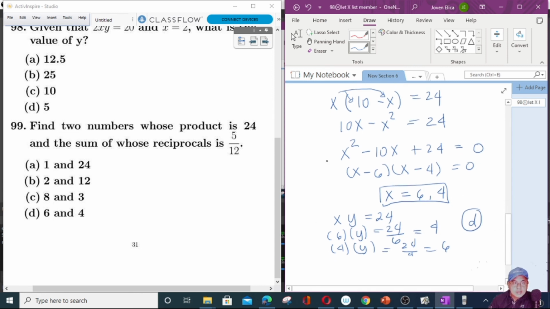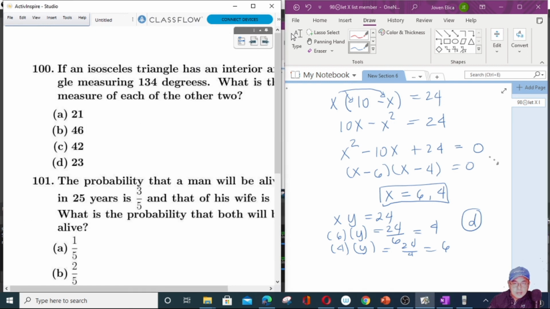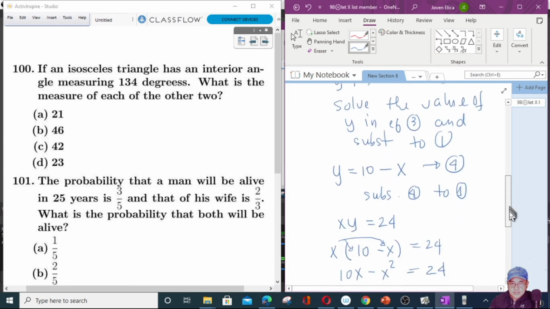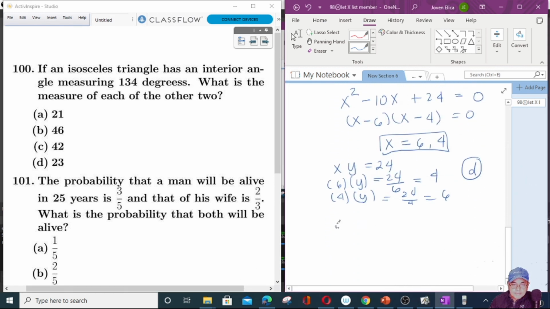Okay. So, question number 100, the last question for this part, for this series. Question 100: if an isosceles triangle has an interior angle measuring 134 degrees, what is the measure of each of the other two?